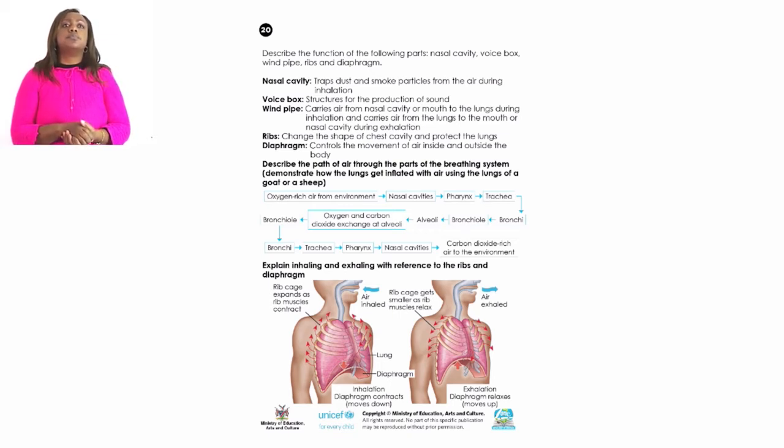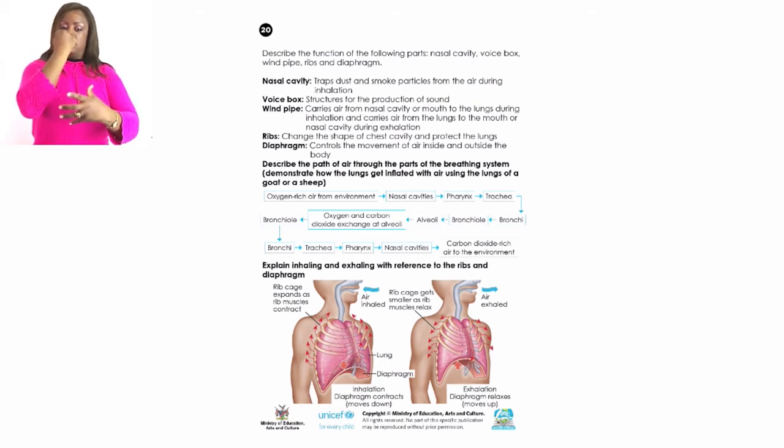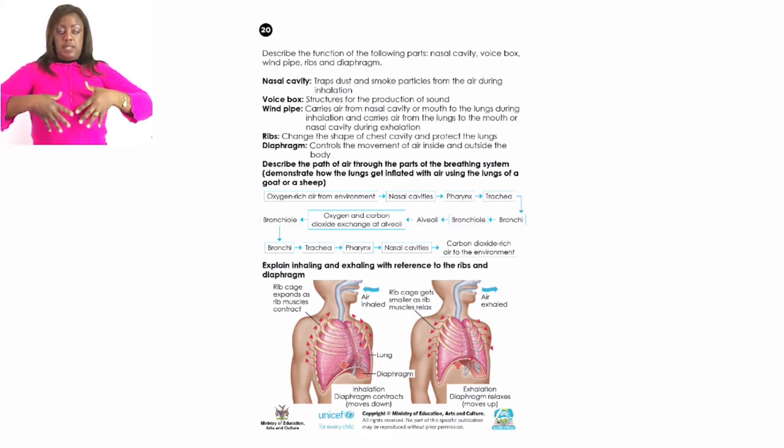Okay? We are saying that it has two jobs. It's actually one function, but it works in two ways. It carries the air down to the lungs from the mouth and the nose. And at the same time, when you're breathing out, it helps the air to move from the lungs to the mouth and the nose.